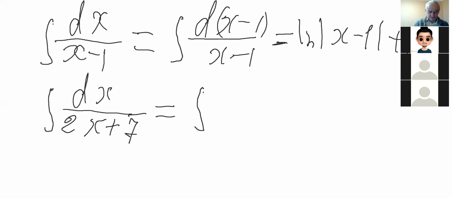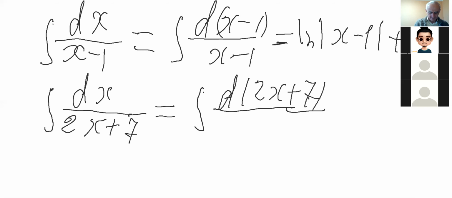But let's first replace dx by d(2x plus 7). We can notice that to be equal, we need to add a coefficient of 1 over 2.